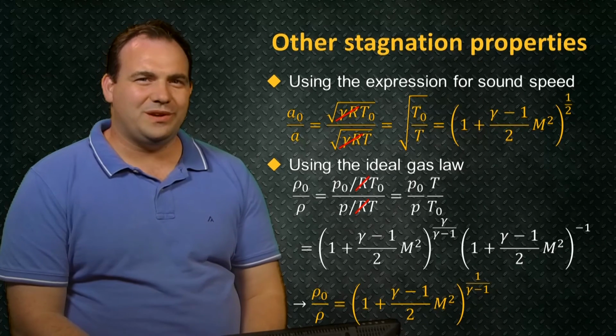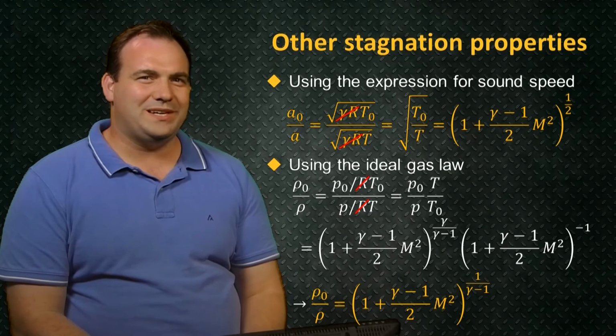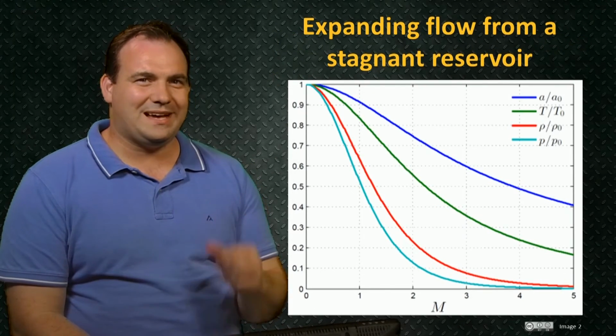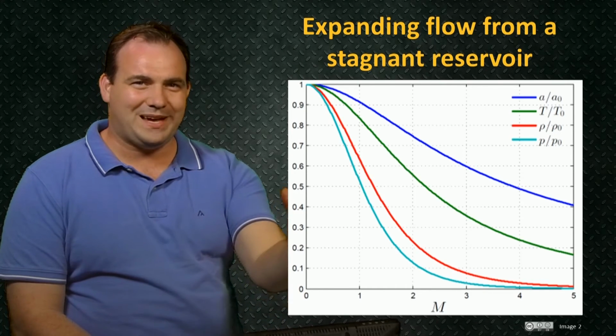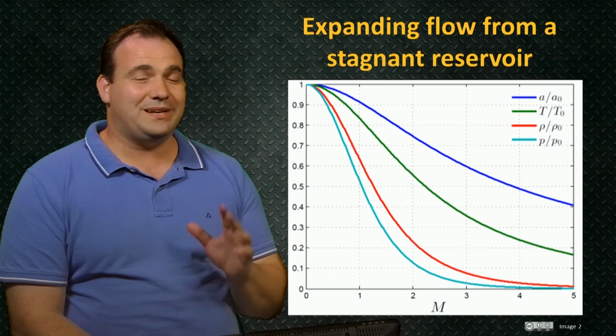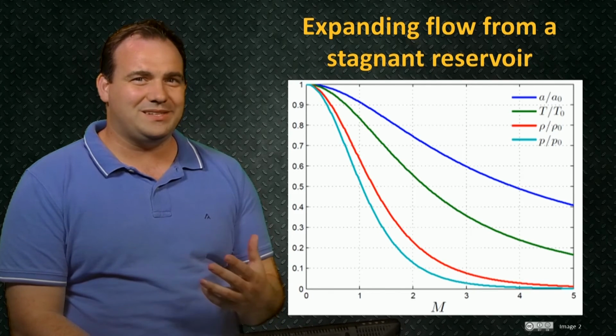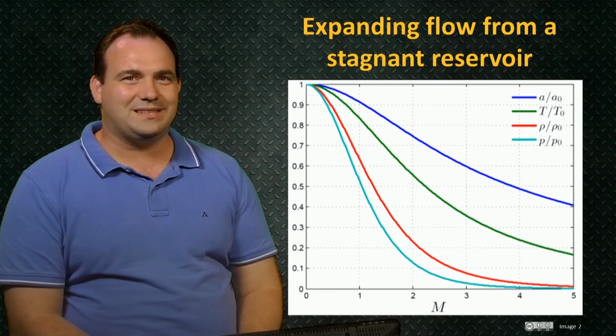We can also invert these expressions for stagnation quantities to examine the situation where we have a high pressure gas stored stagnant in a reservoir, which is then allowed to expand and accelerate through a nozzle. This plot shows how each quantity drops from its stagnation value as it's accelerated to the Mach number on the x-axis.